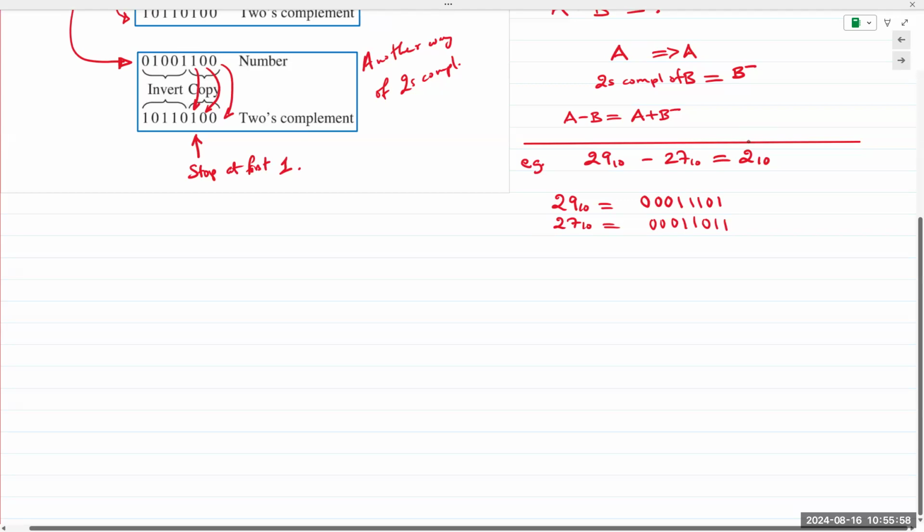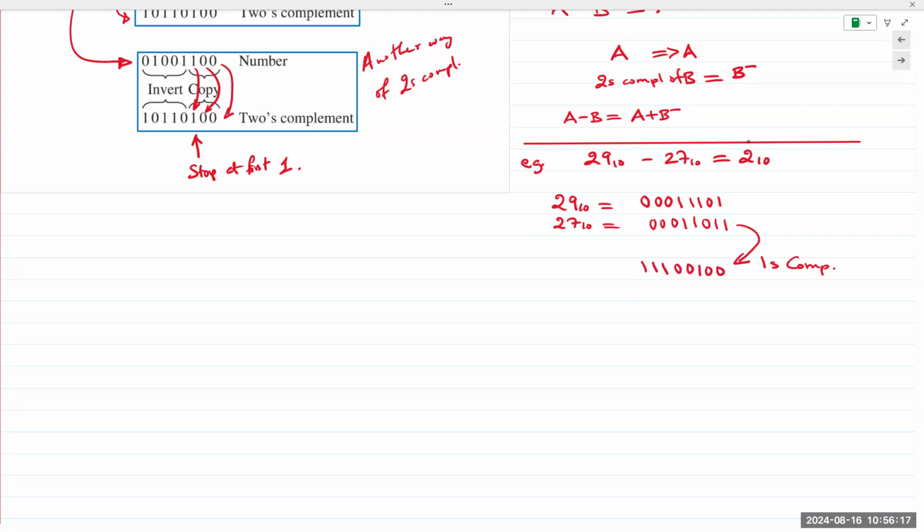So the 1's complement of 27 is 11100100. Right? 11100100.